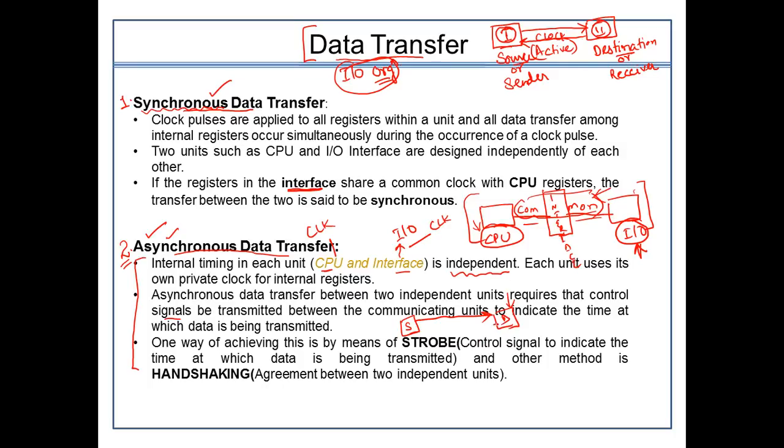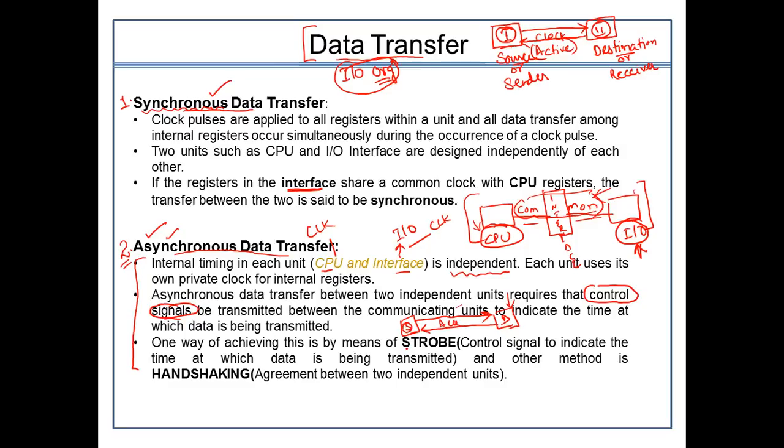It will also send back an acknowledgement that yes, I have received your data. Otherwise, how would the sender know that the data has been taken? That is why in asynchronous data transfer, we have to work with the facility of a control signal. So what are those two control signals?